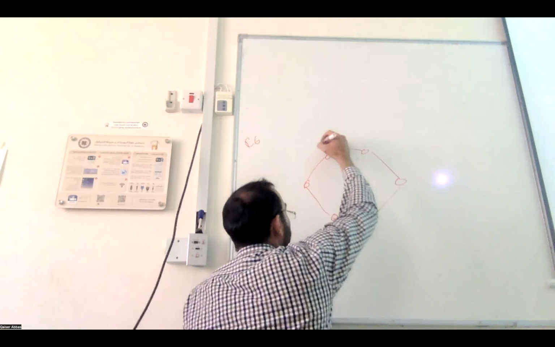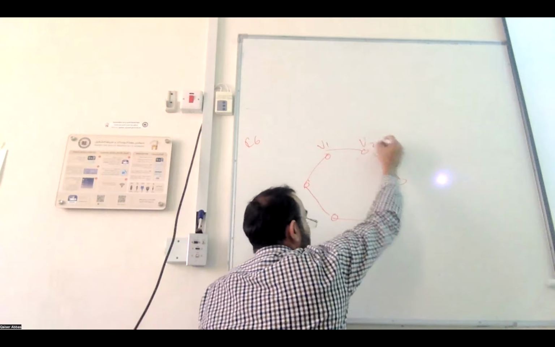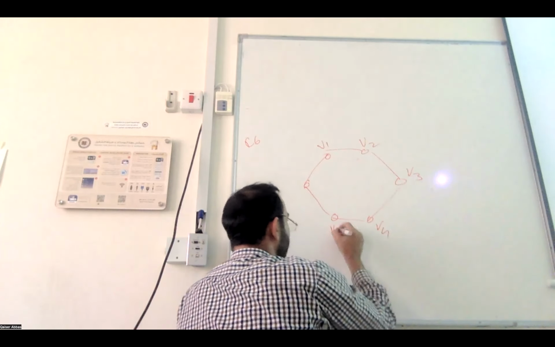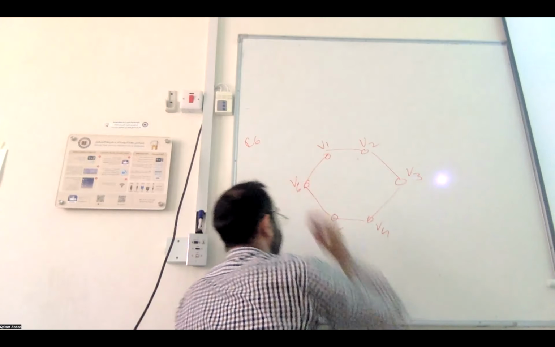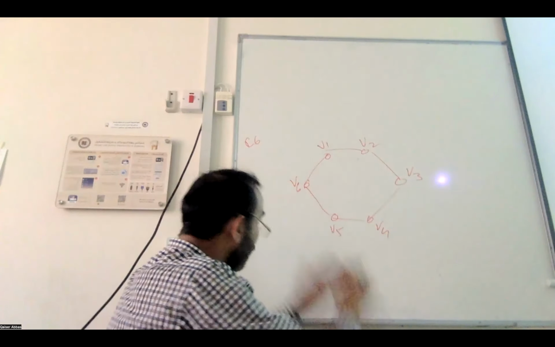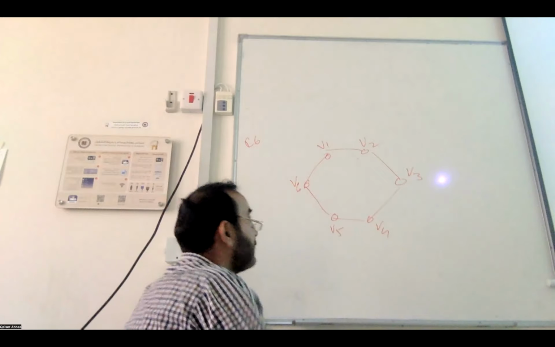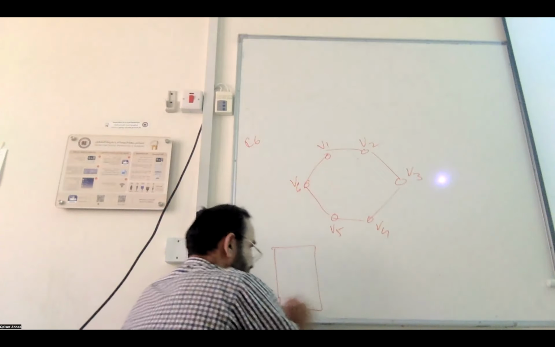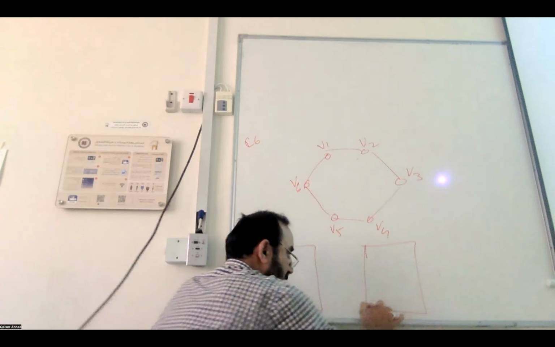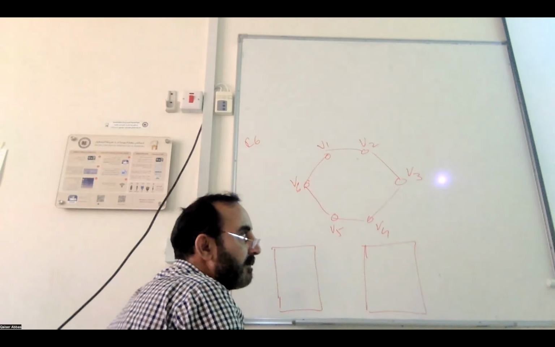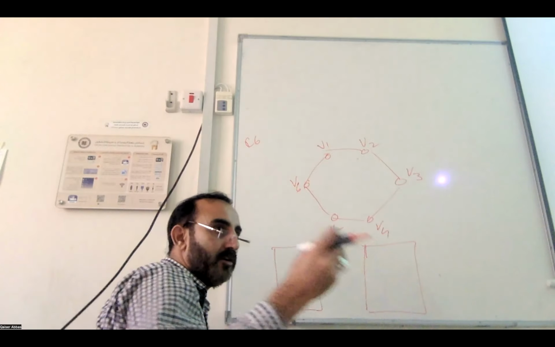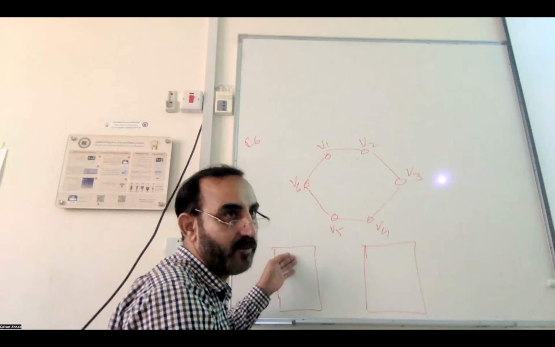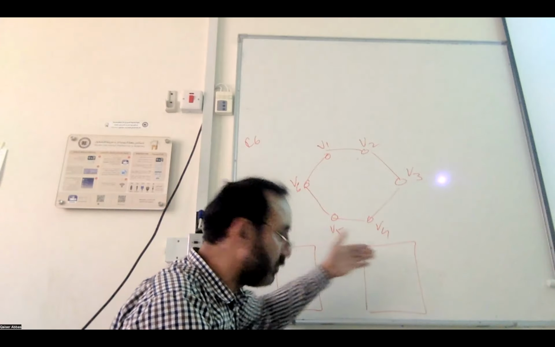So label them with some names for the vertices. Now you have to divide these vertices into two sets. And there are two rules, you know that. From set 1, if there is a vertex, that vertex will have some edge to the other set.